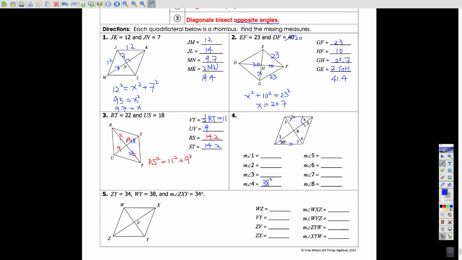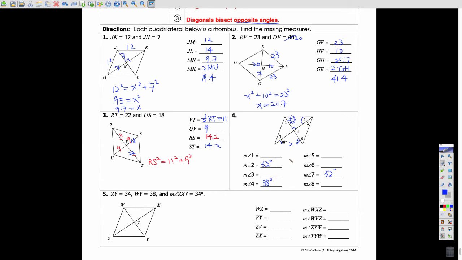So if angle 4 is 38 degrees and over here, the diagonals are perpendicular to each other, angle 2 has to be 90 minus 38. That would give me 52 degrees. And if angle 2 is 52 degrees, angle 7 being the alternate interior angle has to be congruent to it, right?